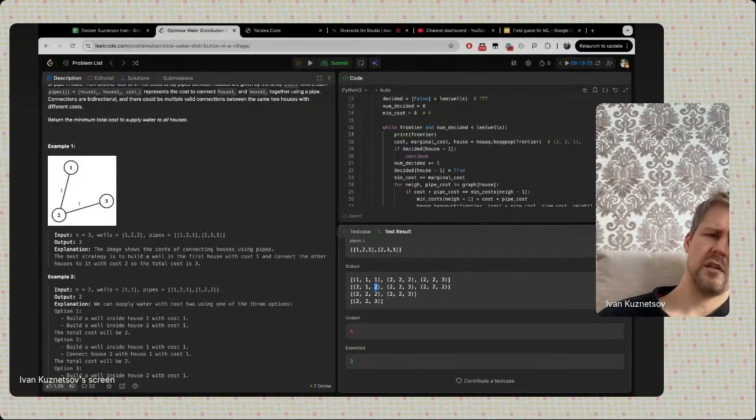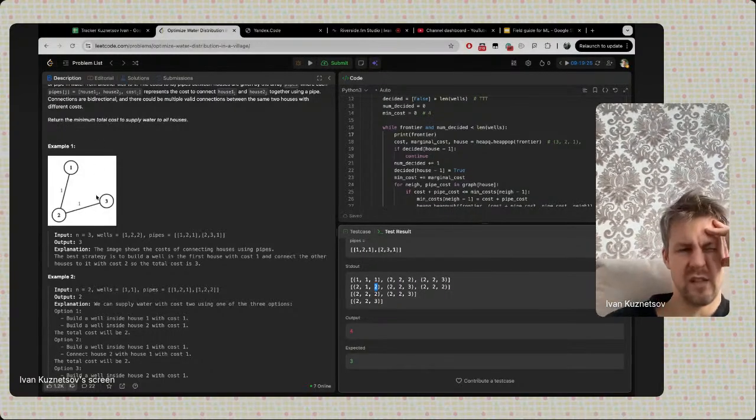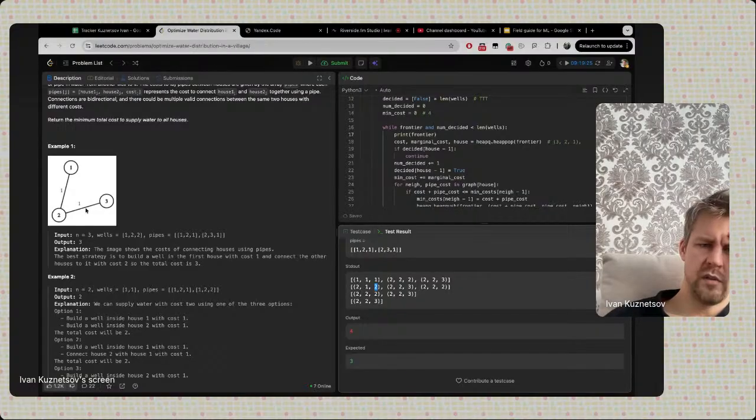Actually it's incorrect either way, even if we have something like 1, 1, 2, here 3, right? So the cost will be compare marginal costs.